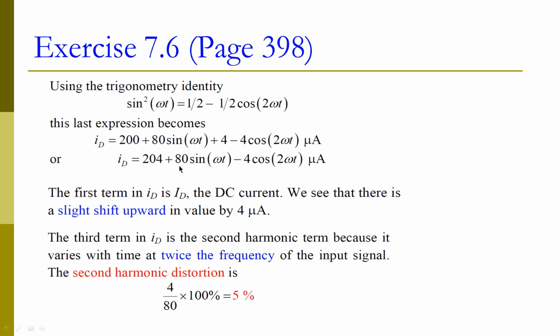Now the AC component doesn't change. And the last term here is the one that gives us the distortion, but its frequency is twice the frequency of the input signal. The second term, 80, is our linear component, and this is our nonlinear component. So the ratio will give us the distortion rate. So the second harmonic distortion rate can be calculated, and it is 5%.